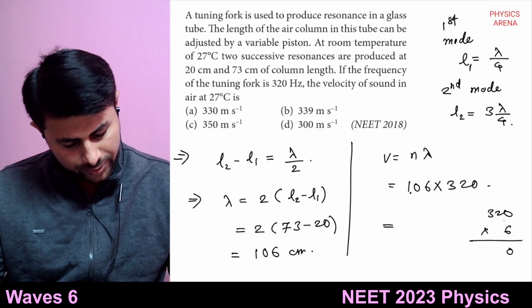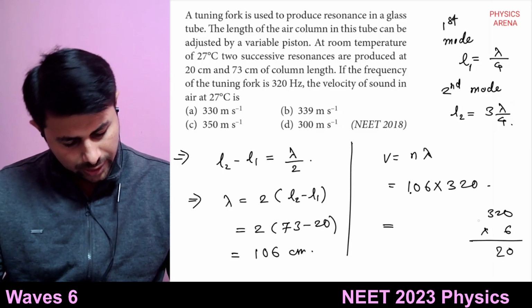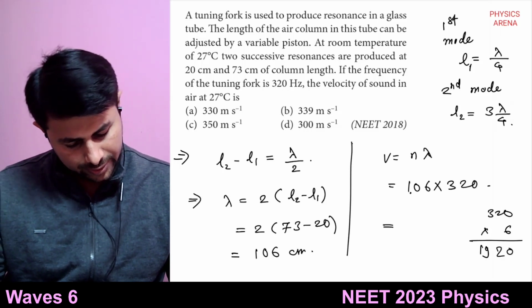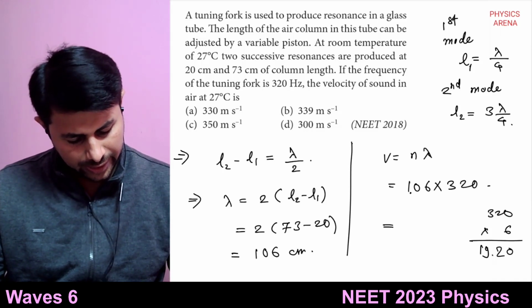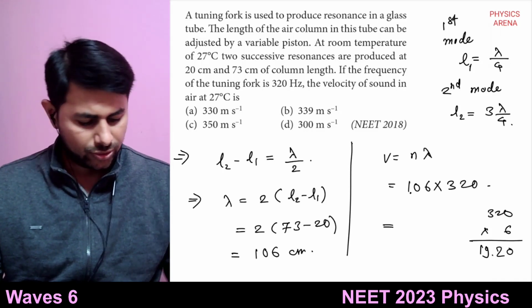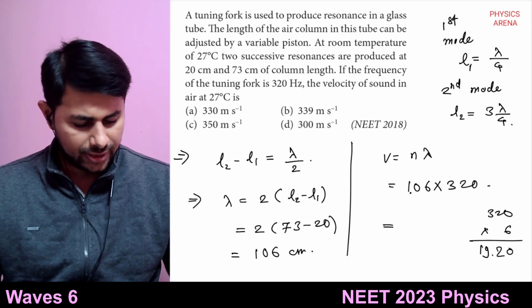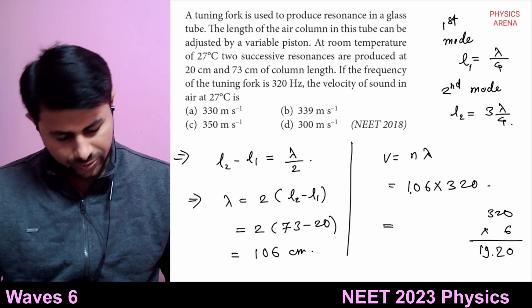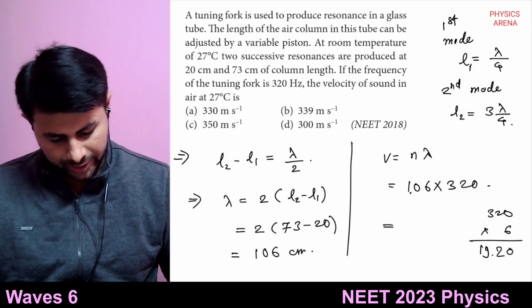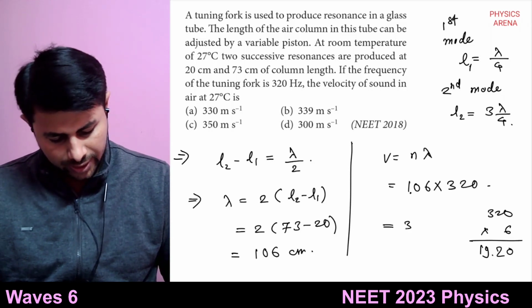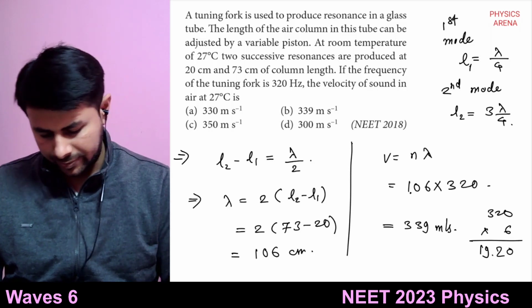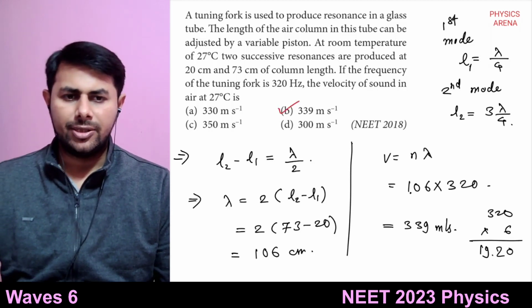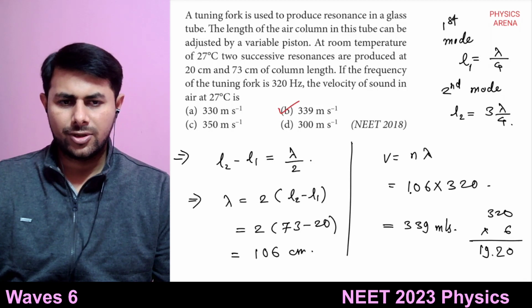How much is that? 6 threes are 18, 19, 19.20. So 320 plus 19, 339, 339.2. So it's option B, 339 meters per second. Option B. Got it? Yes, no?